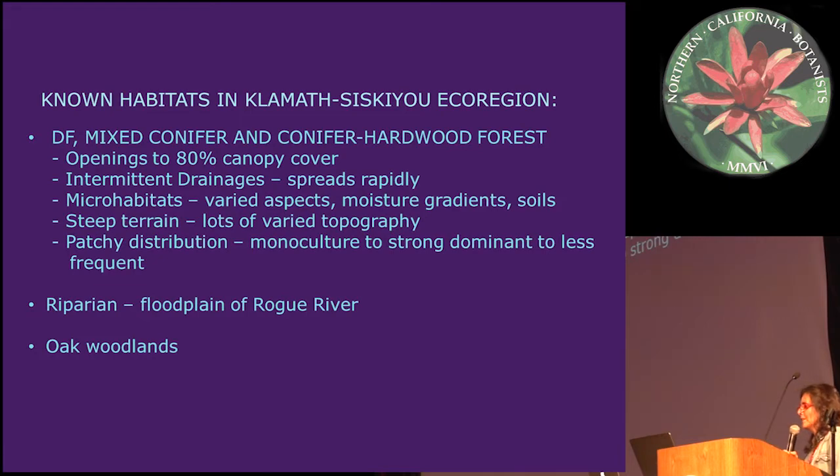Some known habitats in the Klamath-Siskiyou ecoregion: we've talked about forest types, openings to 80% canopy cover. Shiny geranium loves intermittent drainages under canopy, and it spreads rapidly, scooting seeds downstream.